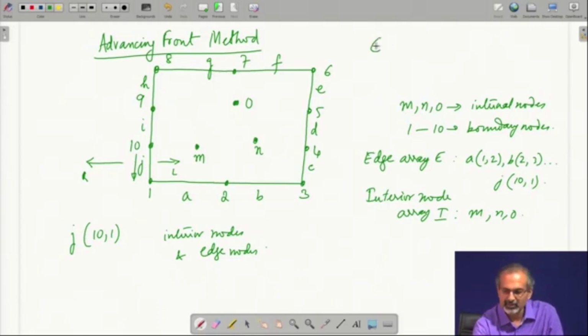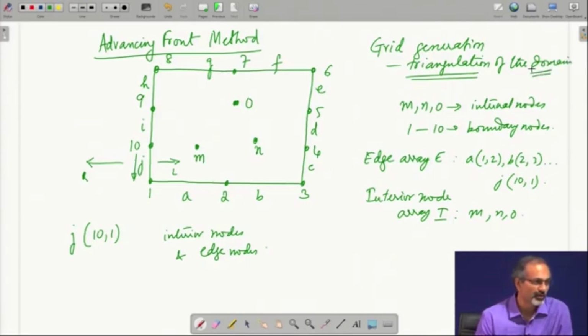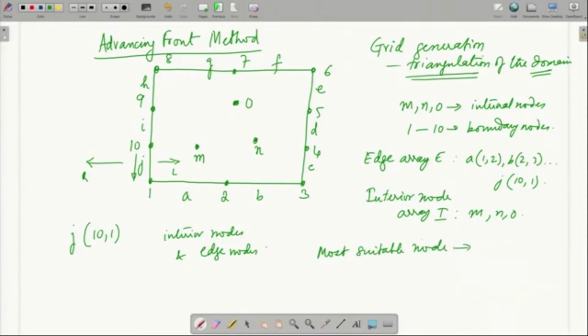Here, when we do the grid generation, our objective is to create triangles, which we call triangulation of the domain, and that is what the unstructured grid generator is trying to do: triangulate the domain, create triangular elements in the domain. So, the most suitable node would be defined like this: it must be lying on the left hand side, that is the first criterion.